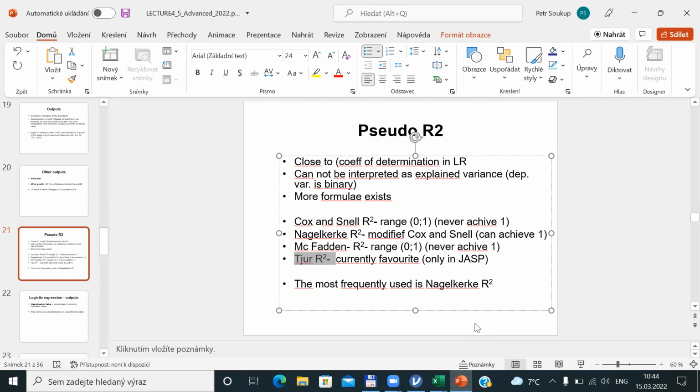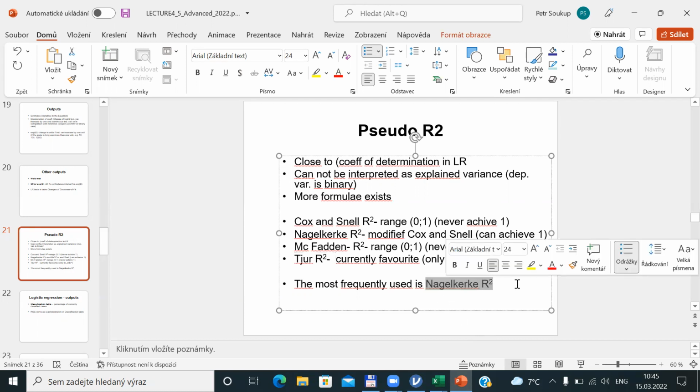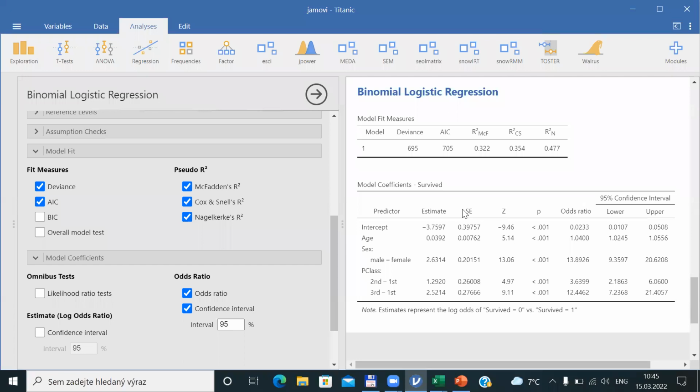So next week we will make a brief tour to JASP and SPSS, so I will show you that you can also compute this. But once again, social scientists mostly apply Nagelkerke R-square, so they would write in this analysis that explanatory power measured by Nagelkerke R-square for this model is approximately 0.48, and that will be all.